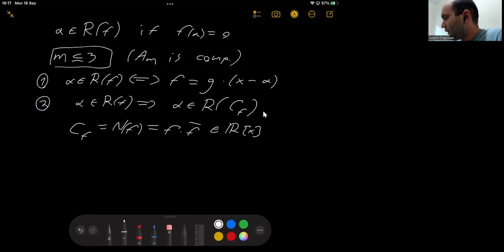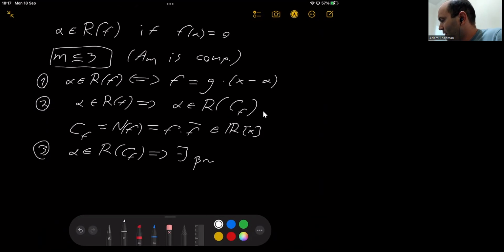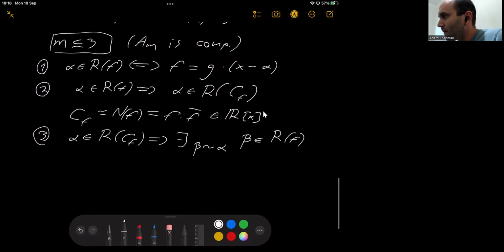So that's one way, but there's also the opposite direction. The opposite direction is that if alpha is a root of the companion polynomial, then there exists a beta which is quadratically equivalent to alpha, I'll explain what it is in a second, such that beta is a root of the original polynomial.